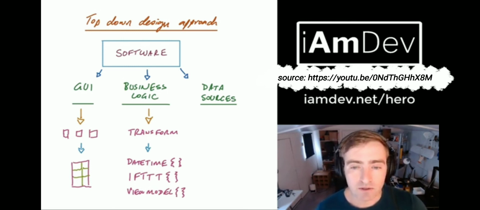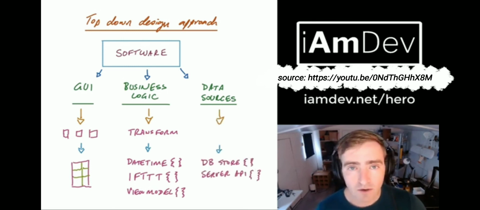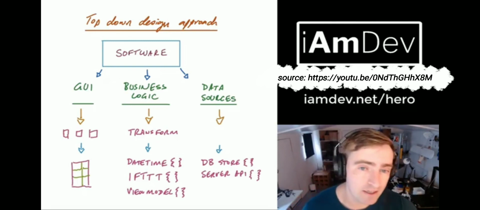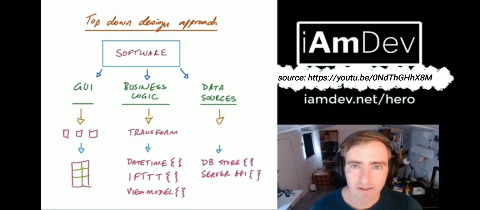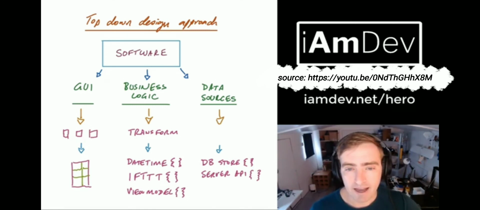You might have something like a view model, which feeds the graphical user interface with the data to display. And then moving on to data sources, you'd have something like a database store, RoomDB in Android, SQLite in iOS and Windows, or Core Data in iOS, but I wouldn't touch that. I'd stick with SQLite, top tip. You'd also have things like servers that you are making calls to that provide data back to the app.